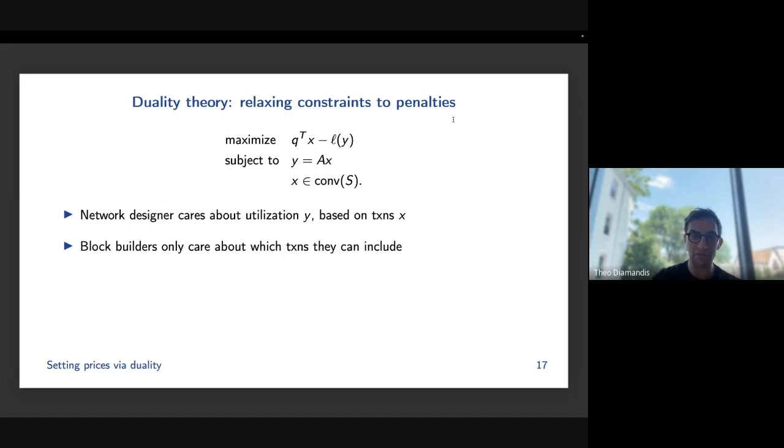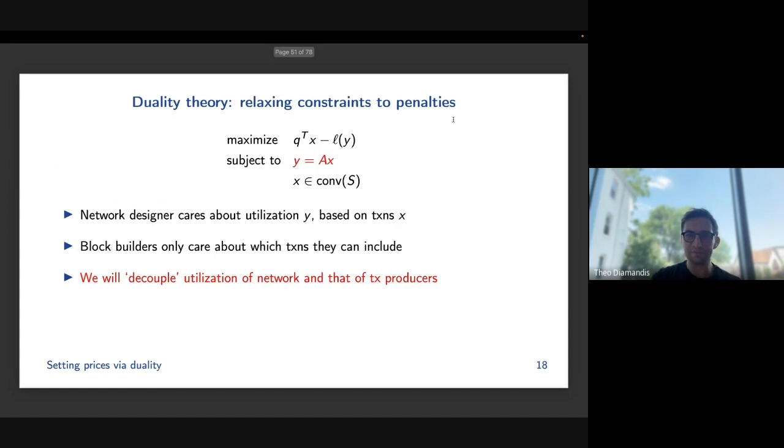On the other hand, block builders don't really care about the network resource utilization or people interacting with the network. They only care about what transactions they can include. So this motivates trying to decouple the utilization of the network, Y, and what transaction producers can produce, X, which is given by this constraint here, Y is equal to AX.